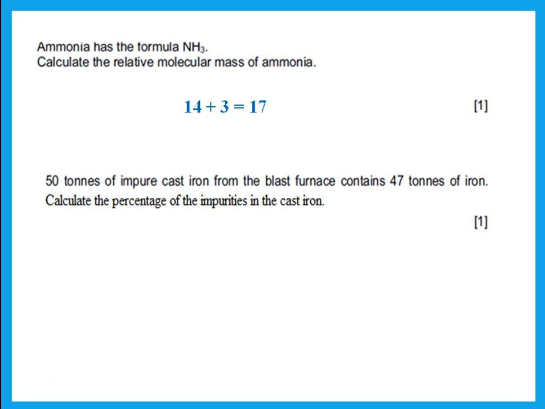Calculate the percent impurity. If I have 50 tons total, 47 of them are iron, so the rest is the impurity. Percent impurity will be the rest of the 50, which is 3, over the total times 100.